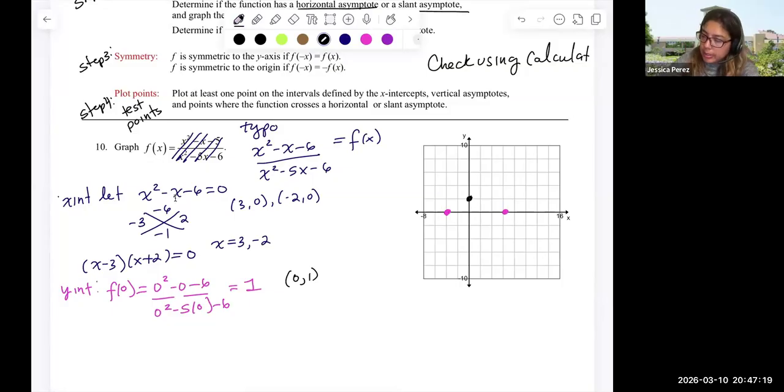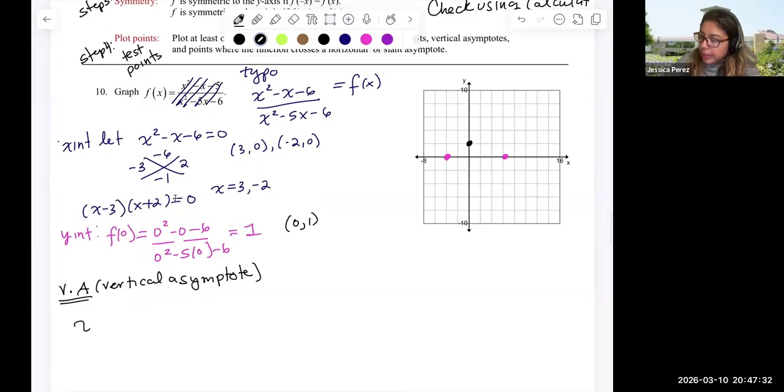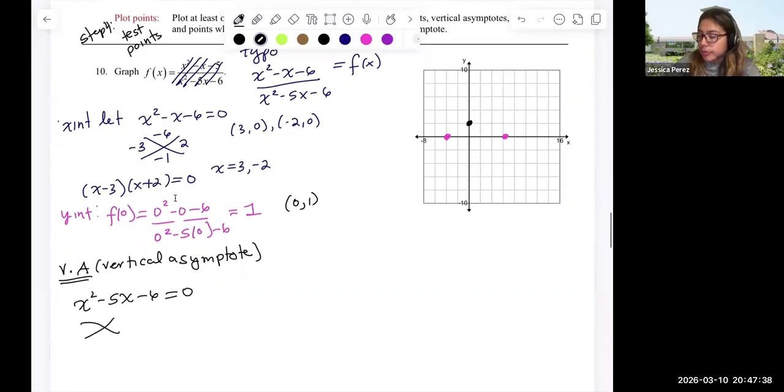We wish to find the vertical asymptotes. So these are the vertical asymptotes. That means set the denominator equal to 0. So you have x squared minus 5x minus 6, set that equal to 0. And then you're going to factor, of course, negative 6, negative 5.